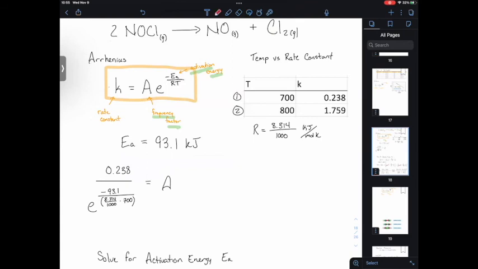Okay, and when I punch that all into my calculator, I get a big number because e to the negative all that stuff is a small number. And that is 2.11 times 10 to the 6.